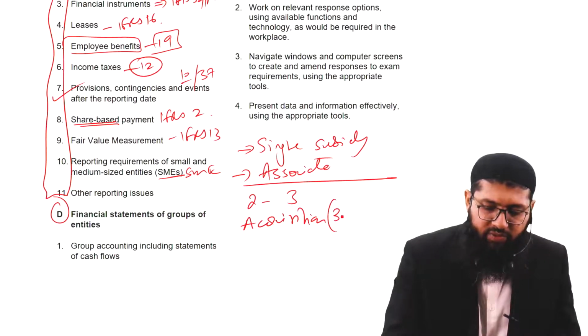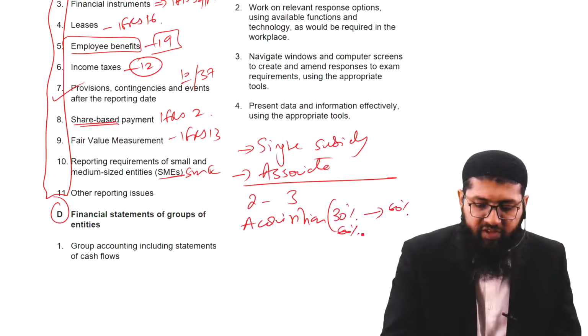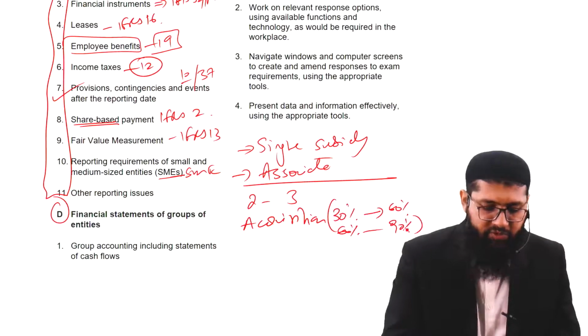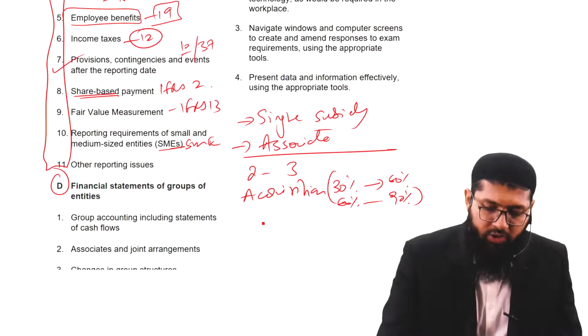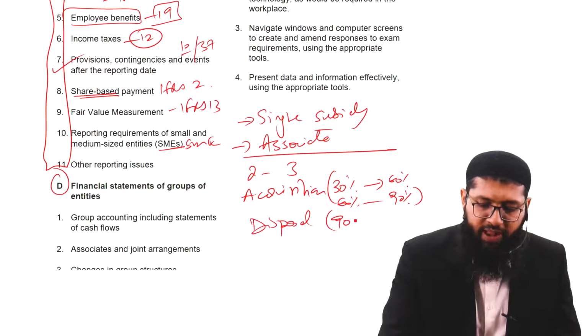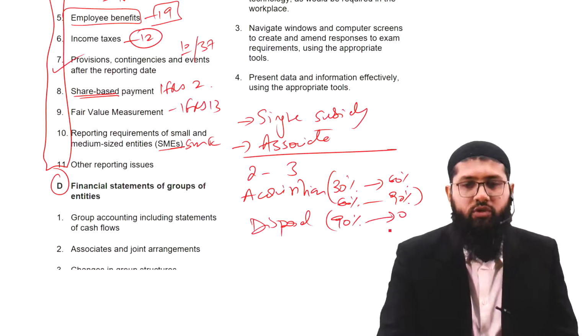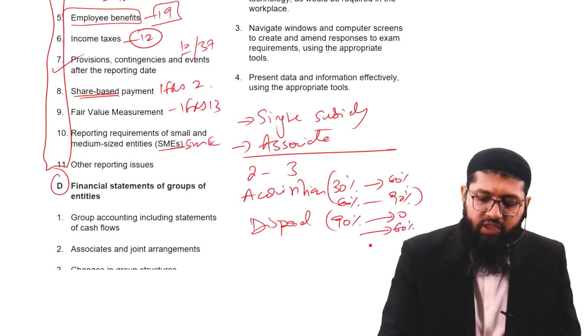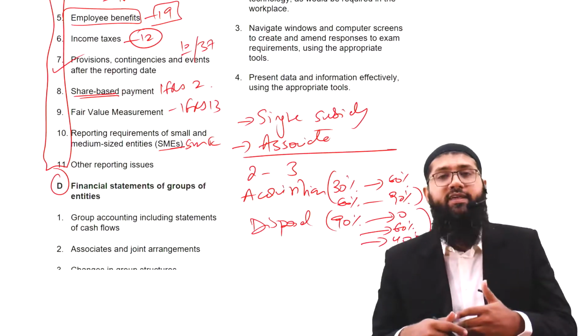What do you mean by acquisition? There is a 30% shareholding, it becomes 60%. There is a 60% shareholding, it becomes 90%. You'd be talking about the disposals. There will be group disposals. You've got 90% shareholding, you go to 0. You've got a 90% shareholding, you go to 60%. You've got a 90% shareholding, you go to 40%. There are going to be disposals also.